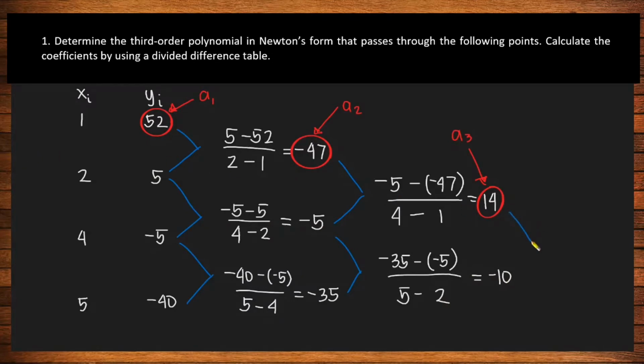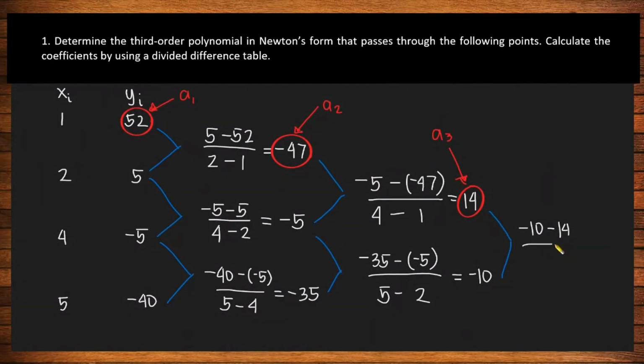And now, in order to determine our last coefficient, we are going to solve for the third divided difference. So, using the values of our previously obtained second divided differences, so yun yung ilalagay natin sa numerator, negative 10 minus 14, and then divided by, again, the difference of our x values.